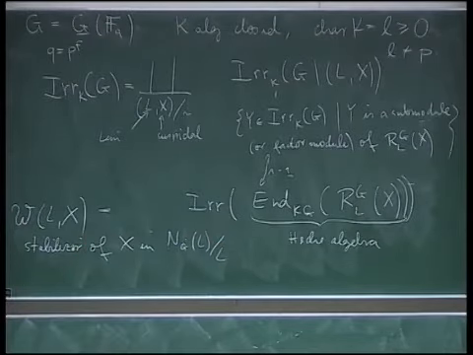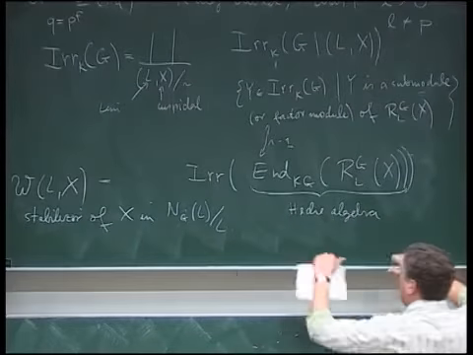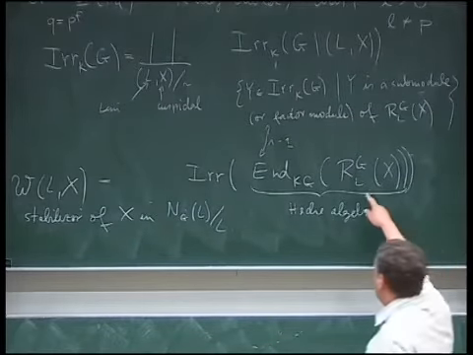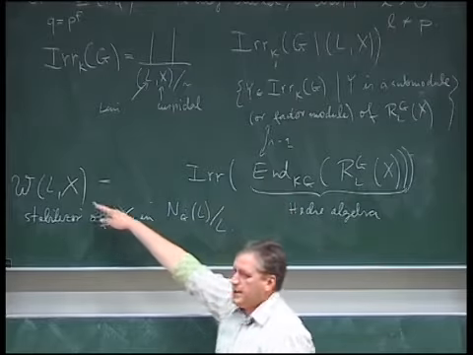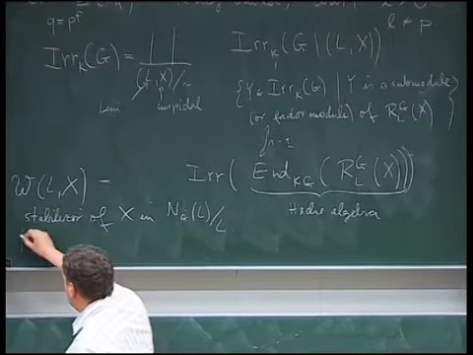in this normalizer quotient. And I didn't say this yesterday, but the first step here to see why this algebra is related to this group is the following result. And this I leave as an exercise.